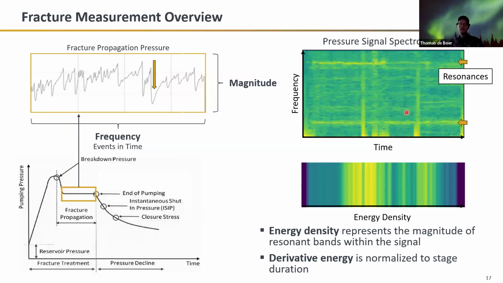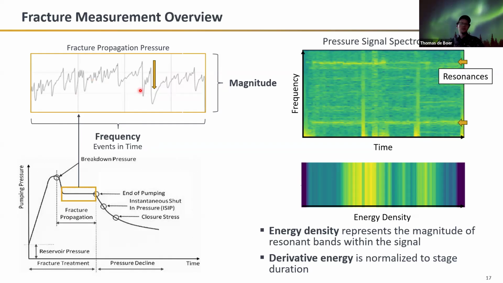So in terms of how we can actually measure this, again, what we've talked about previously is being able to break down our pressure into these frequency components. But at a micro level, essentially what we're looking at is these small fluctuations in pressure that occur during completions. And we can break this out into the frequency and the magnitude of these small pressure events.